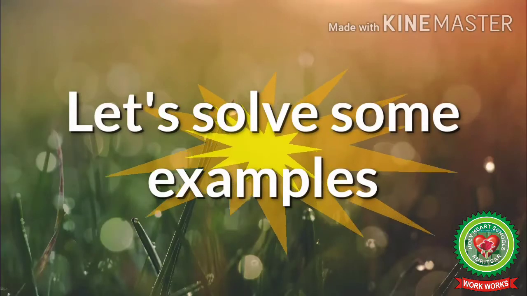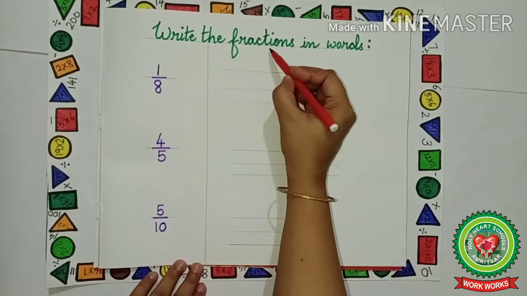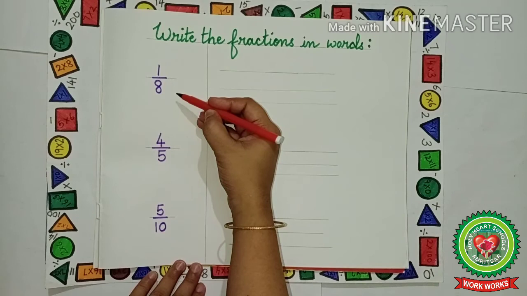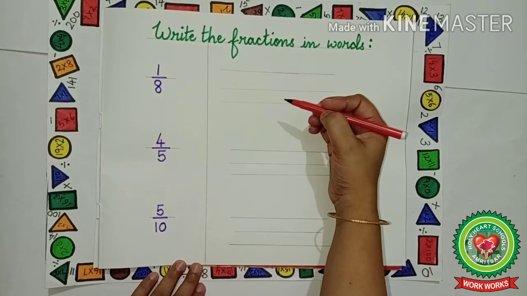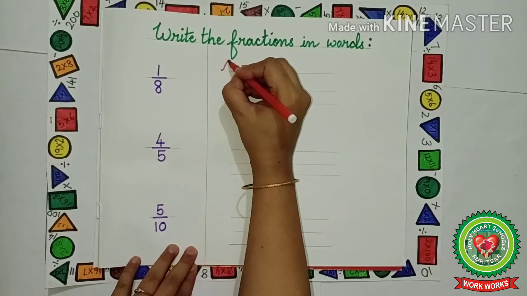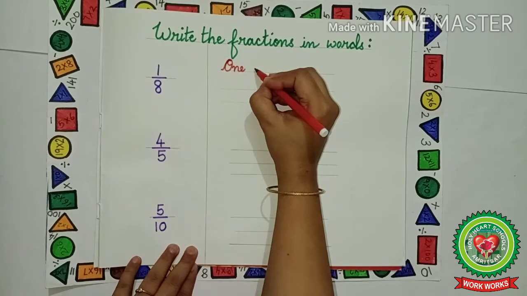Now let's solve some more examples. Write the fractions in words. Now how we will write this fraction? There are three ways to write it. The first way is 1 upon 8.